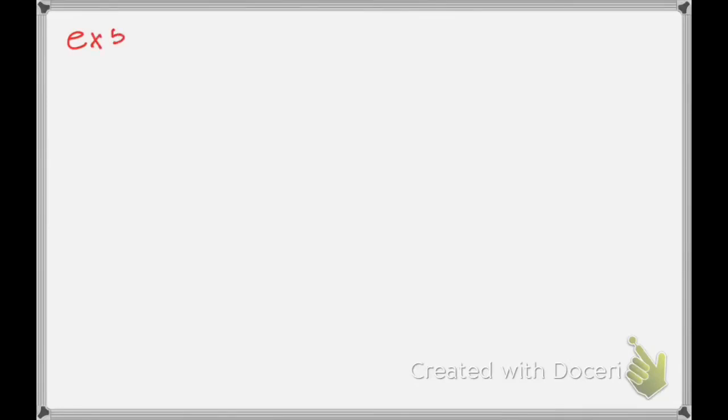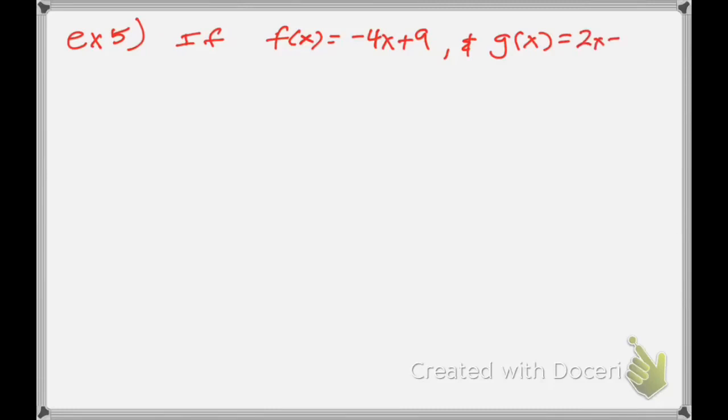Example, I guess 5 here. Let's say we'll use the same equations. Let's say we had f of x is equal to -4x plus 9, and g of x is equal to 2x minus 7. Let's find g of f of x, or we could write it like this, g of f of x.